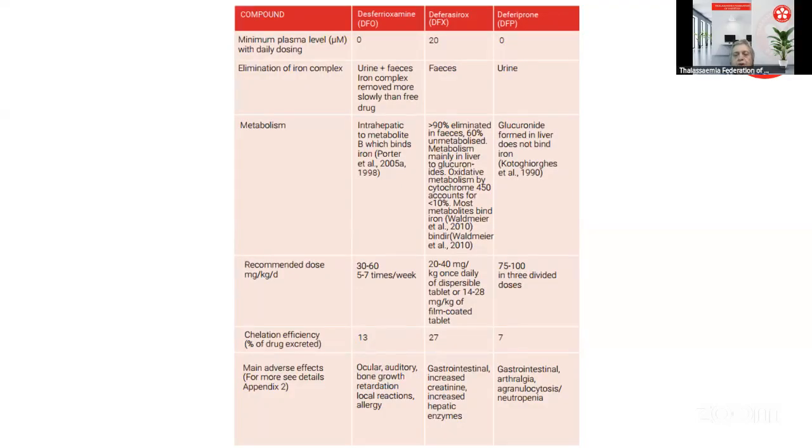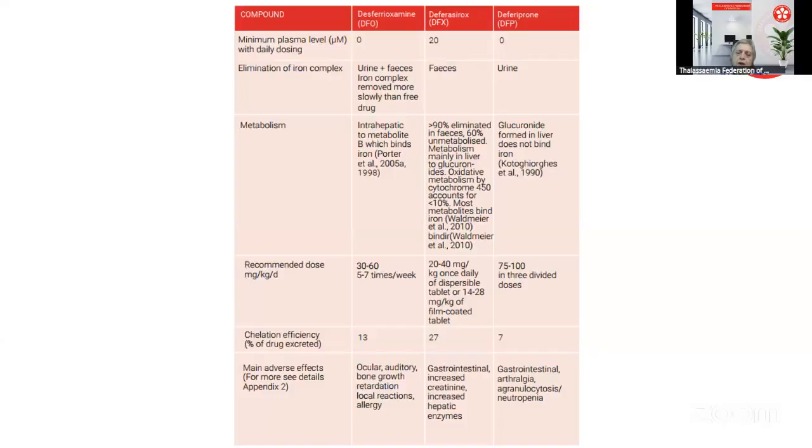In deferasirox, gastrointestinal problems are more, but you also have to look at the creatinine and liver functions. In deferiprone, gastrointestinal problems can be there, but they are rare.